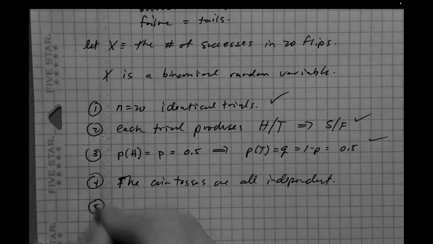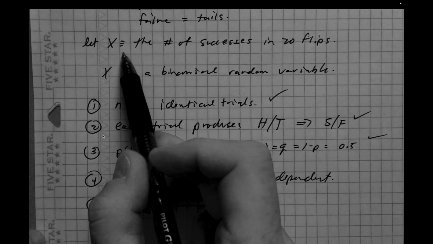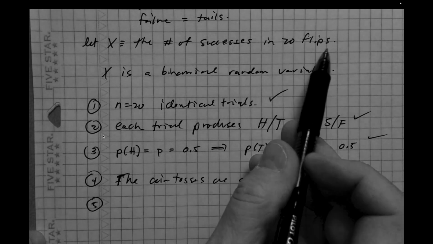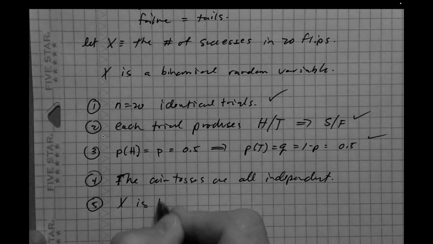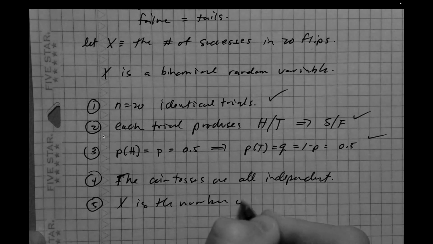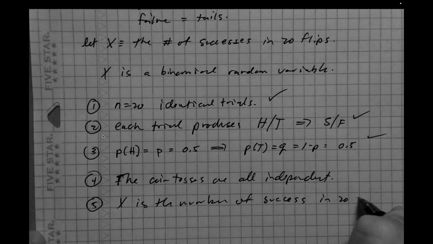And then finally, the random variable x itself, the random variable of interest, must count the number of successes in n trials. Well, that's how we've defined x. X is the number of successes in 20 flips, 20 trials. Check. So we've got them all.